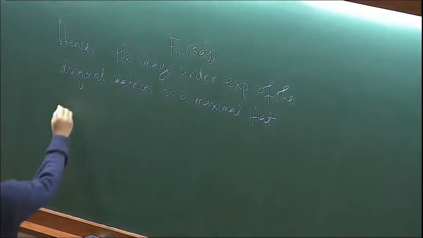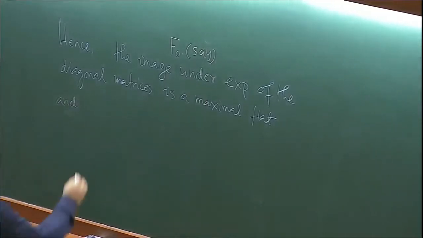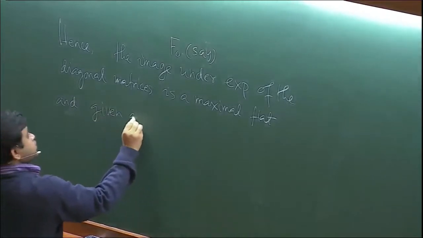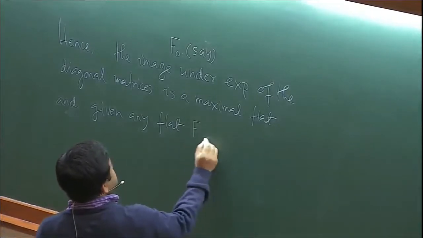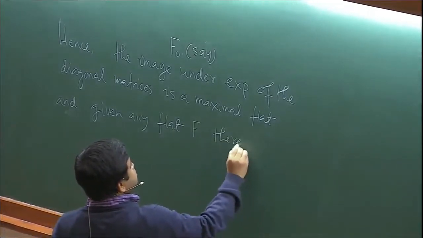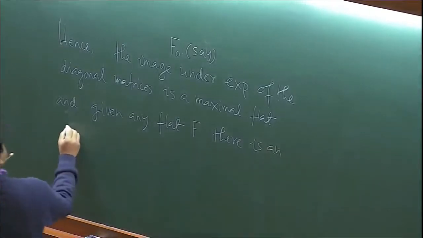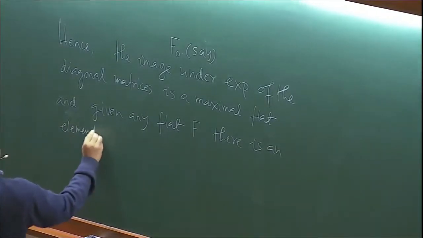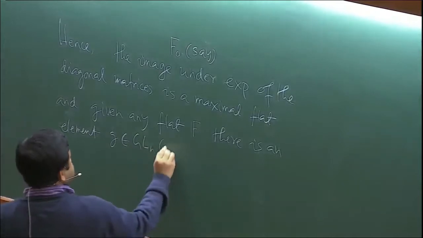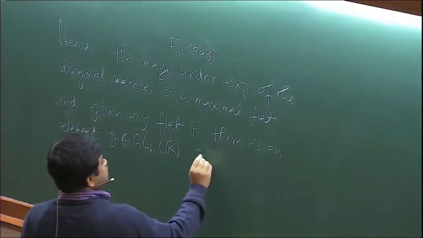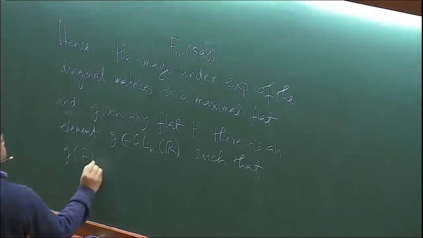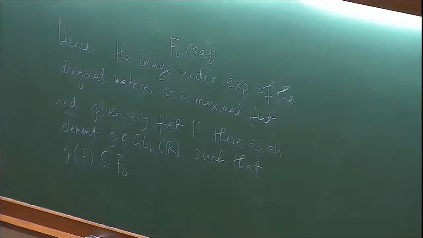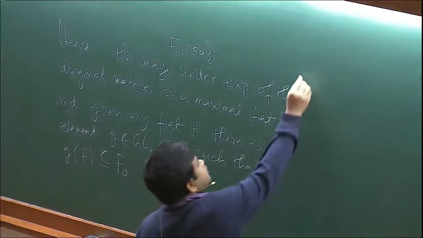Okay, and so given any flat F, let's say, there exists some element g inside GL_n(R) such that g acting on F is contained inside F naught. This is what we have shown. And so therefore this proves 1.